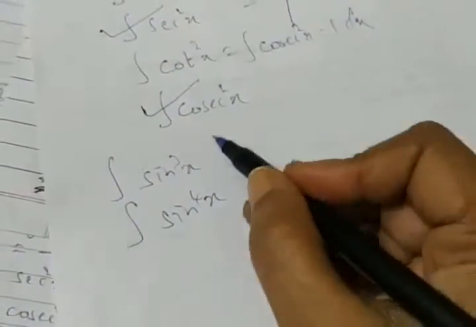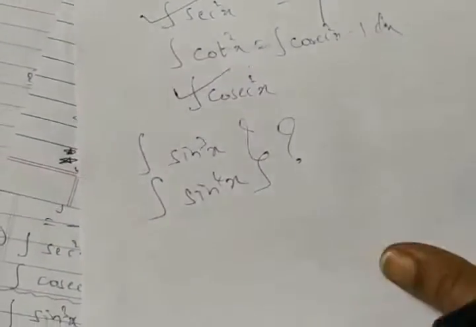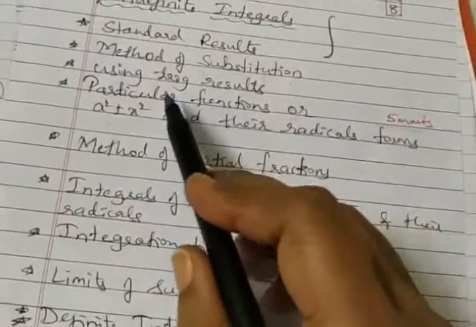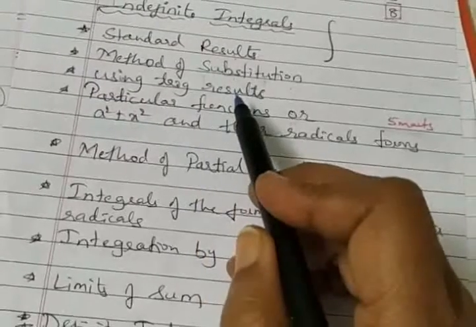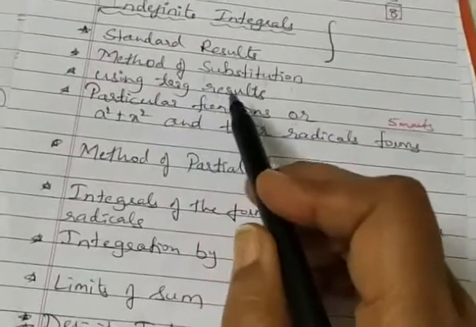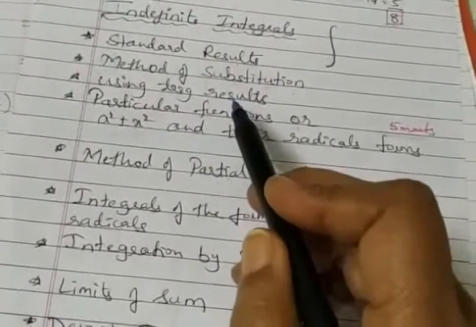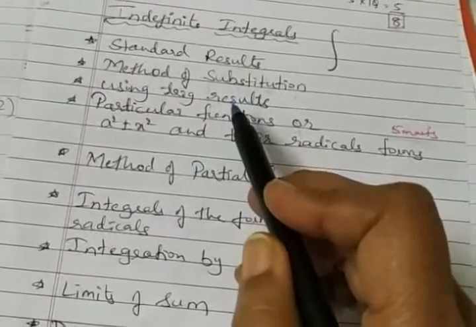Such types of functions, how to integrate, is the main target we will be discussing here. To do this, we use the basic trigonometric results, which include multiple and submultiple angle formulas, done in PUC first year, as well as transformation formulas.